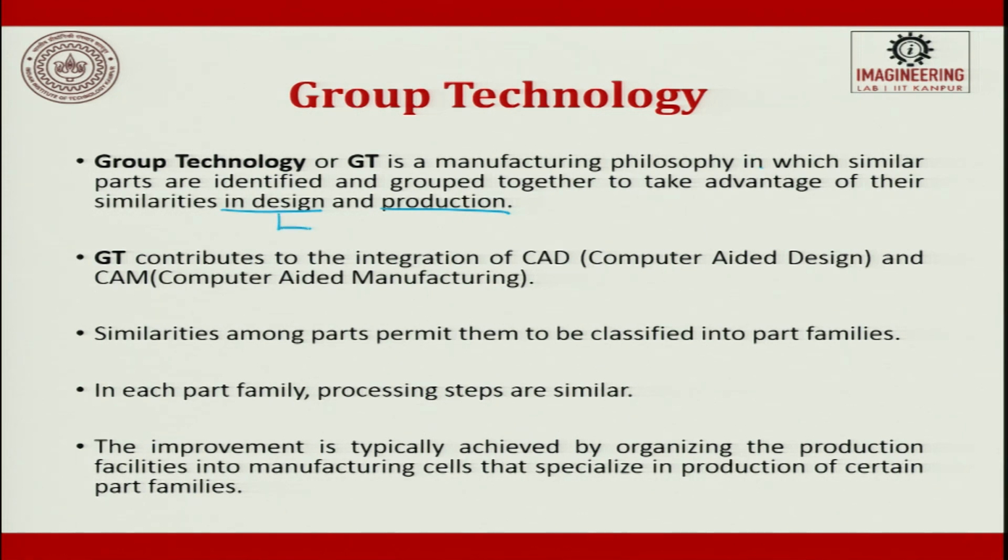Similarity in design can be size, shape. Production can be a manufacturing or a machining process. So, here group technology is to identify and group together to take advantage of their similarity in design and production.